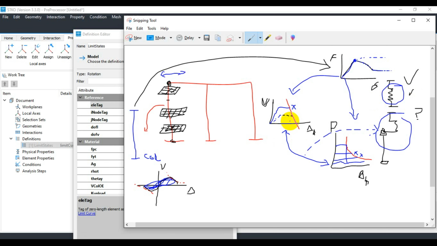So first things first, what is the uniaxial material model? The uniaxial material model defines the constitutive relationship in both compression and tension.